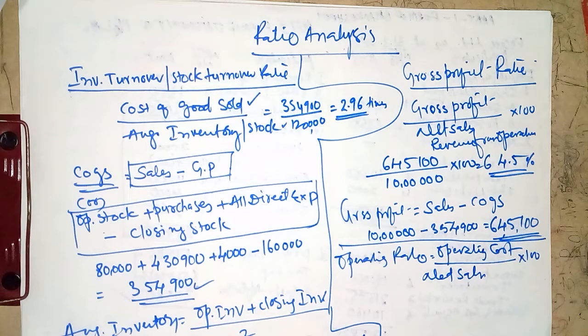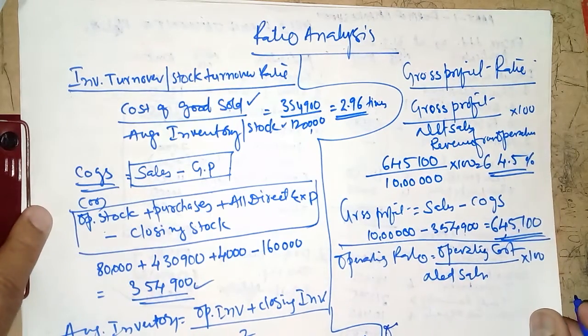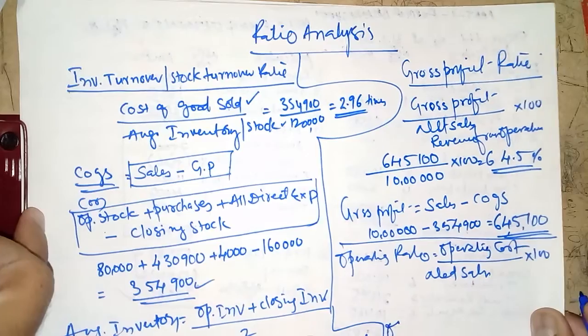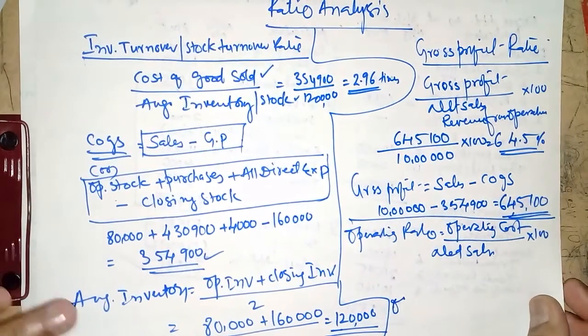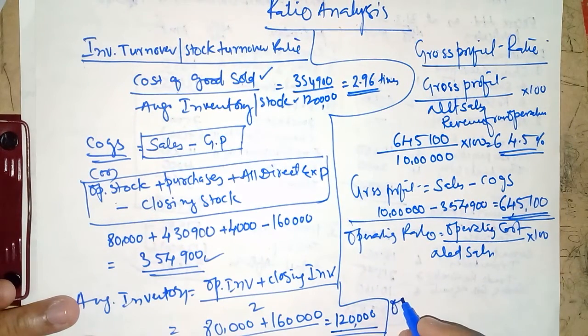Whereas what is operating cost? Operating cost is equal to COGS plus operating expenses, right? COGS plus operating expenses.